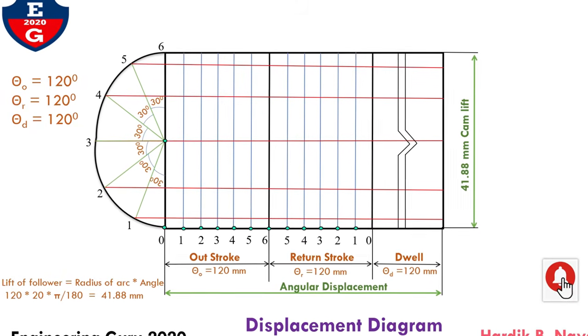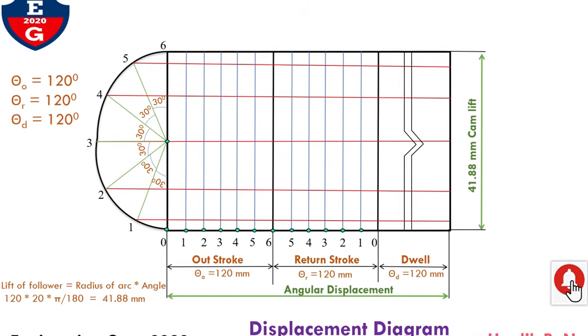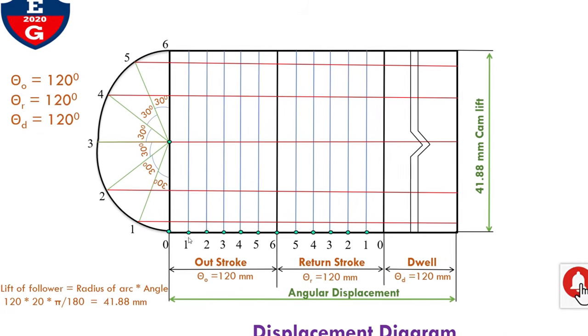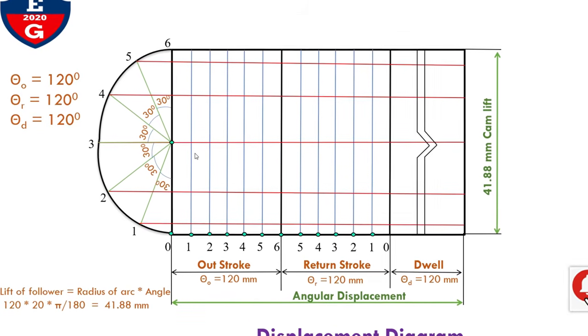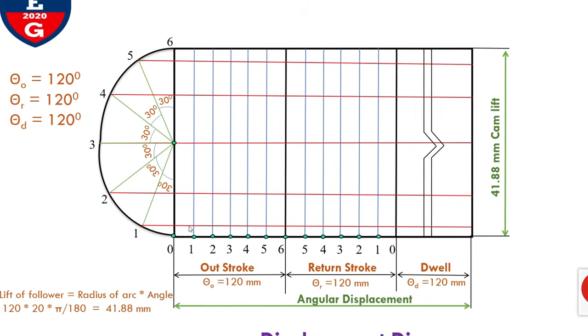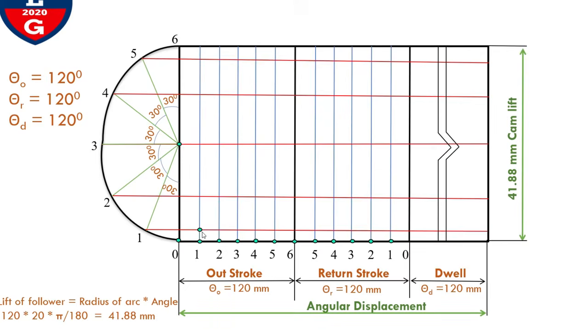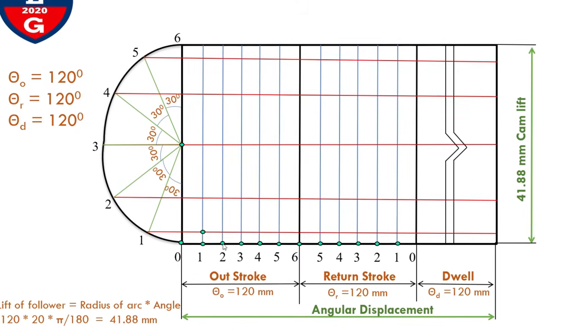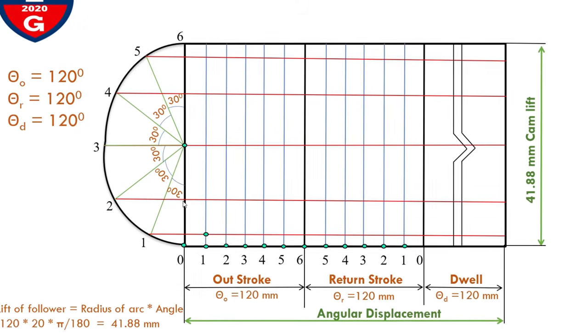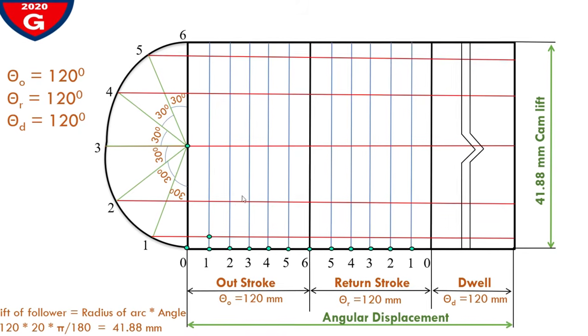During the outstroke, in order to plot the points, the first division vertical line and semicircle horizontal line intersect here. So this is point A. Second division vertical line and this horizontal line intersect here.